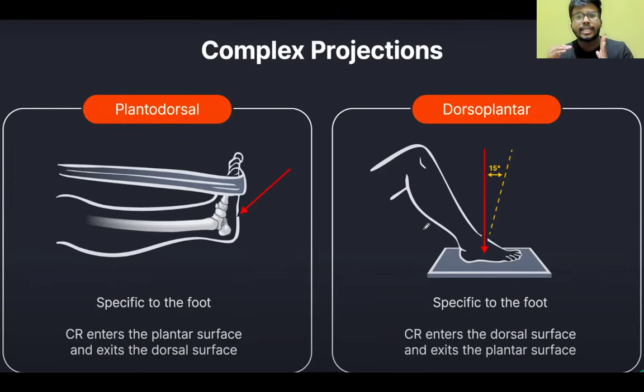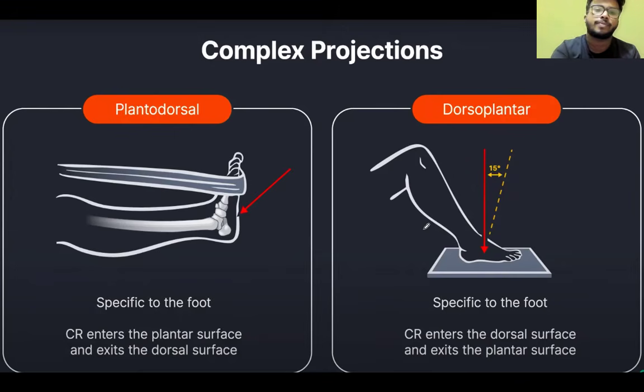It is clear, no complications. Dorsoplantar means just the opposite: the central ray enters through the dorsal surface and exits through the plantar surface, like a routine AP. Plantar-dorsal: enters through the plantar surface, exits through the dorsal surface. Dorsoplantar: enters through the dorsal surface, exits through the plantar surface.